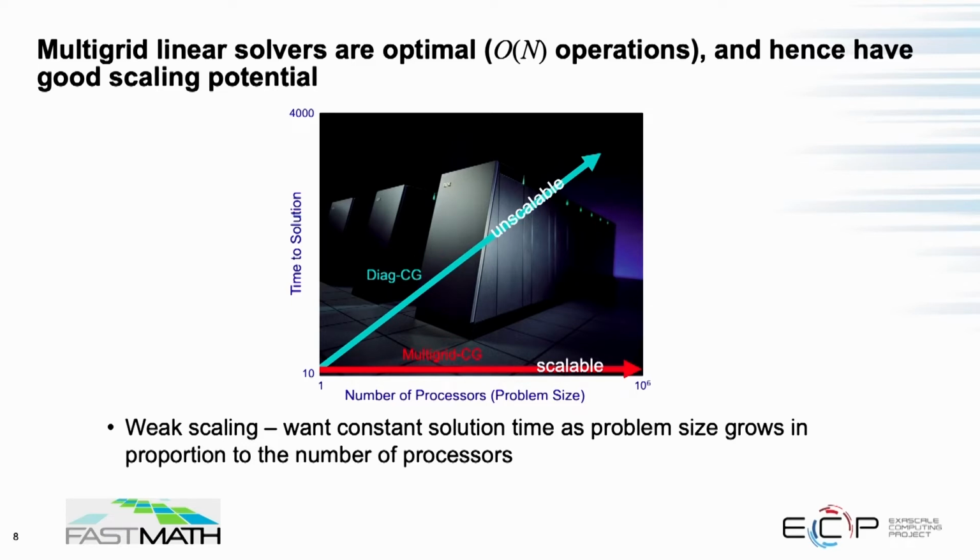So even if we throw more computational resources at our problem, it's still going to take overall longer time to solution. That's where multigrid methods come in. With a multigrid method, in theory, we can actually achieve this constant solution time, or at least close to it.